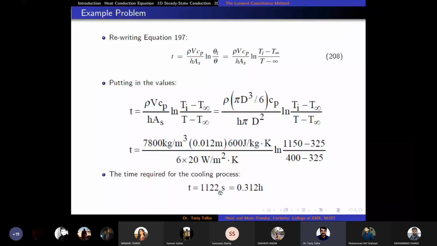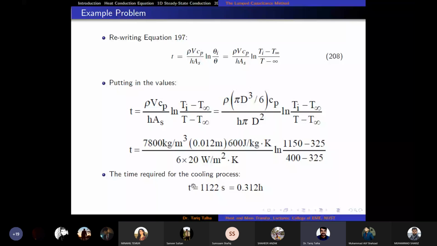So it means that it would take 1122 seconds to cool this steel object from 1150 Kelvin to 400 Kelvin, which, if we divide it by 60, we would get the value in terms of minutes. It would be around 18 minutes.